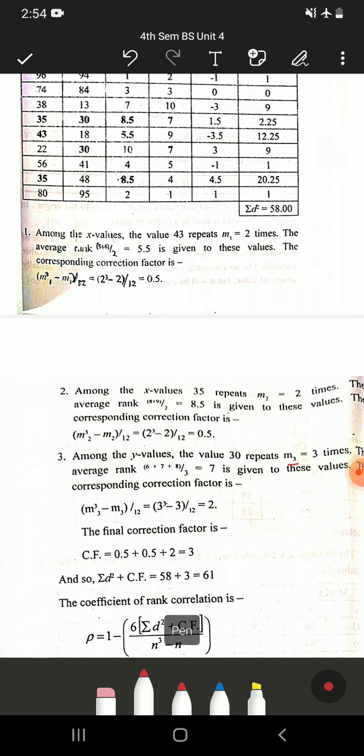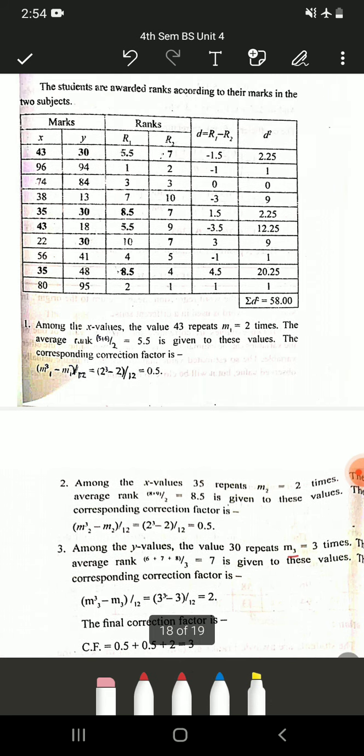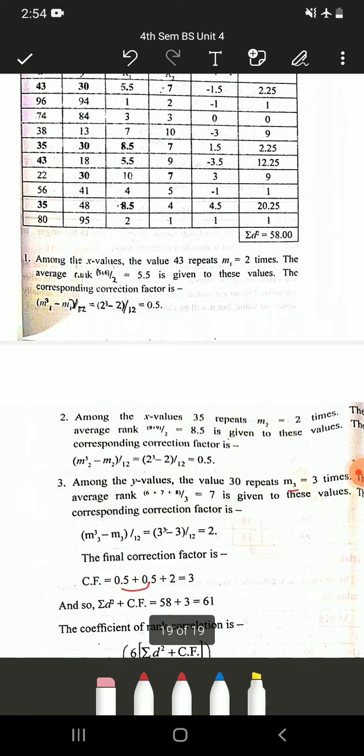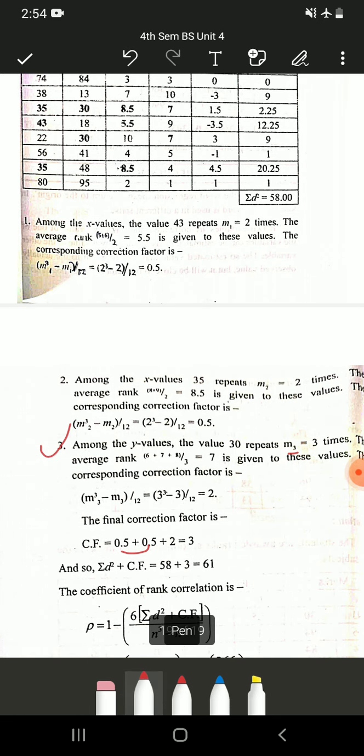Suppose there was no repetition in the values of y, only x has 2 values repeated, then the correction factor would be 0.5 plus 0.5. Because there is an additional correction factor in y, we are taking even that value.